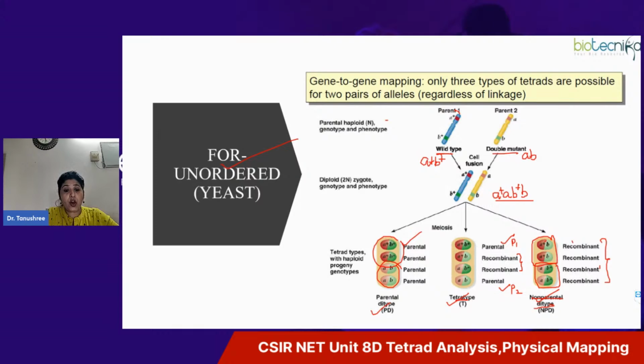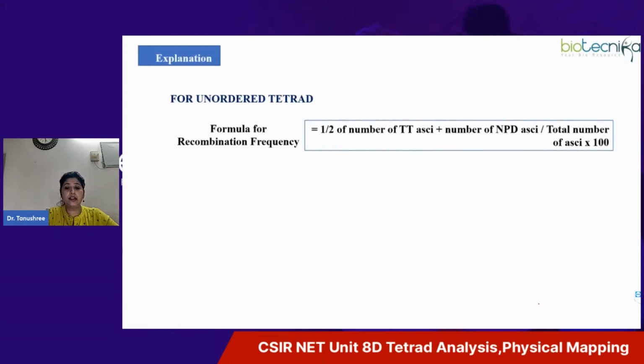So for solving this particular question, you need to recall the formula for calculating the recombination frequency in case of unordered tetrad, and that is half of the number of tetratype plus the number of NPD, that is non-parental ditype. Because what is the formula for calculation of recombination frequency? Number of recombinants by total progeny into 100.